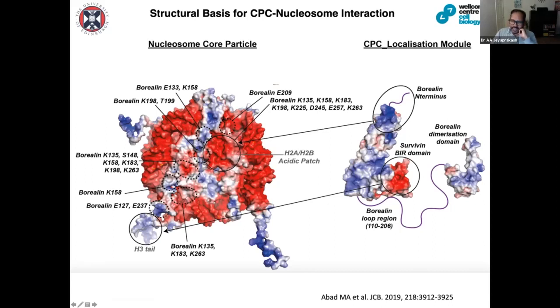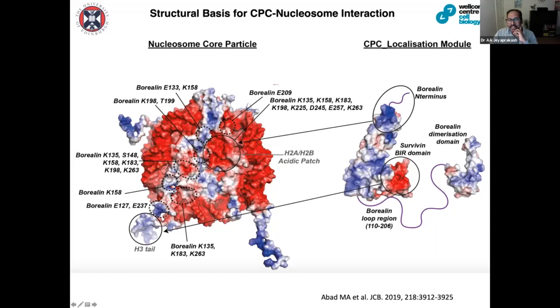What we see is that the positively charged N-terminal region of borealin contacts this acidic patch contributed by histone H2A and H2B, and this site is commonly involved in mediating protein-protein interaction. And the borealin loop region that connects the N and C terminal regions of borealin makes extensive contacts along the DNA histone interface, highlighted here as dotted circles.